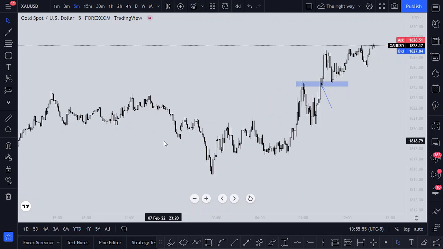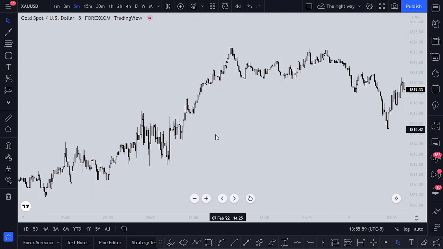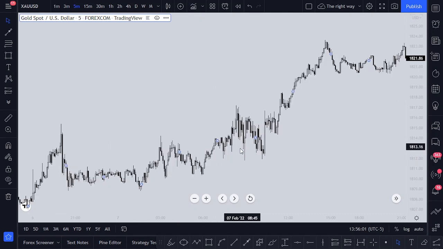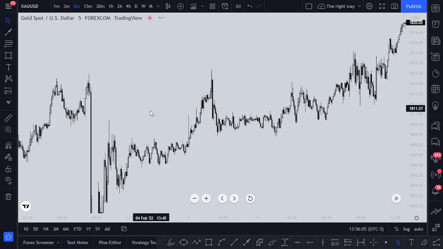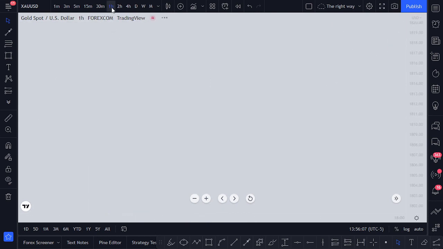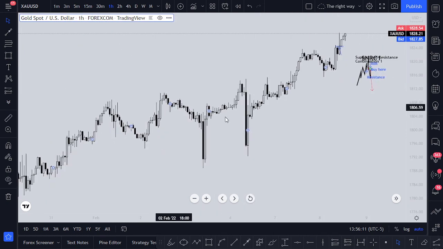Let us look at another example. Now this pattern also works, so at least you must have backtested.